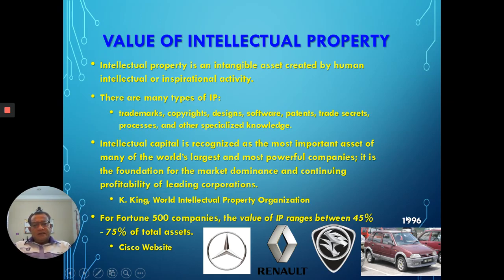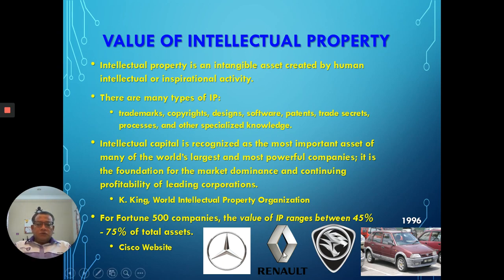For example, the real value of intellectual property from the perspective of companies can be seen in the Malaysian setting in 1996, during which our national car company Proton was seeking an international partner. So they were searching for another foreign automobile maker to team up with Proton. In those days, there was quite a limited choice of companies to team up with Proton, particularly brands from Europe.